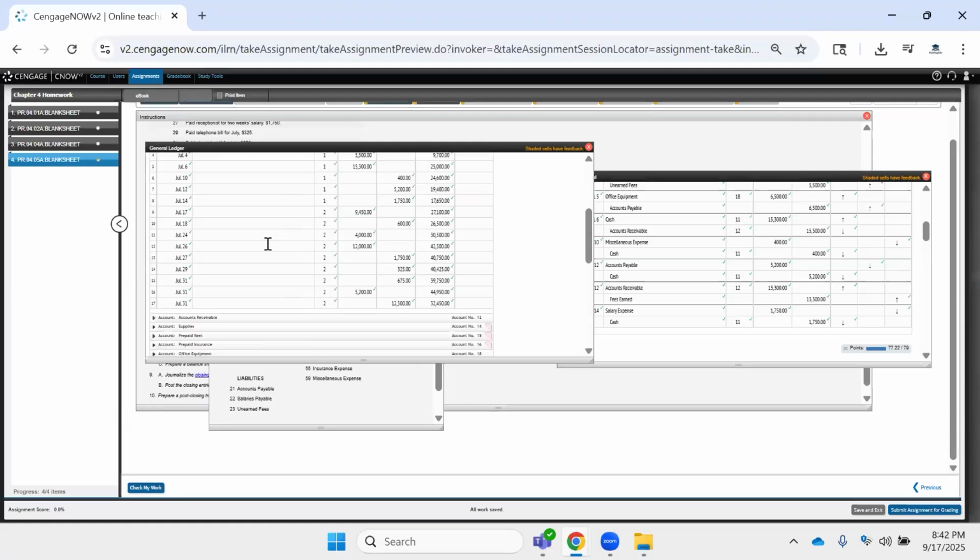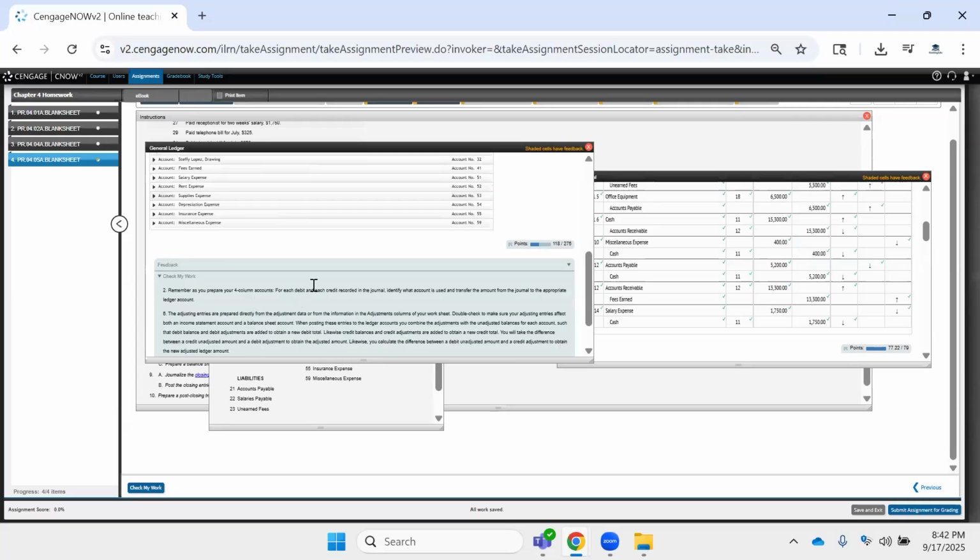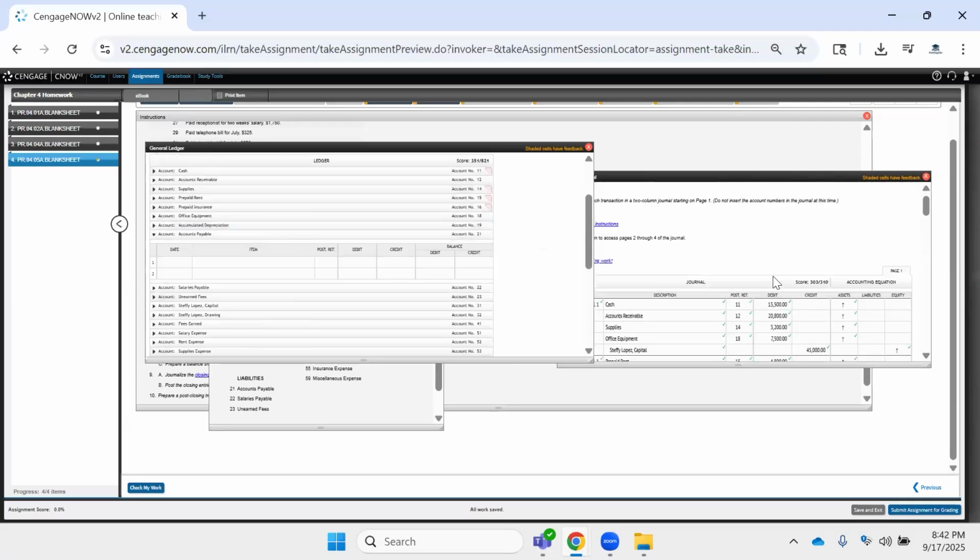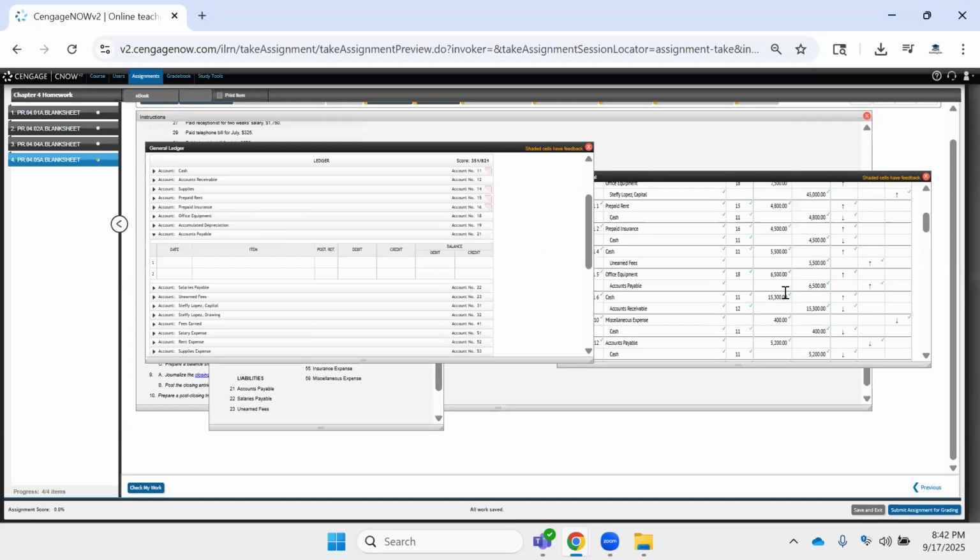Let's just take a look. Next, we're going to have accounts payable. And we had two accounts payable entries this month. One was purchase of the office equipment, 6,500. On July 5th.